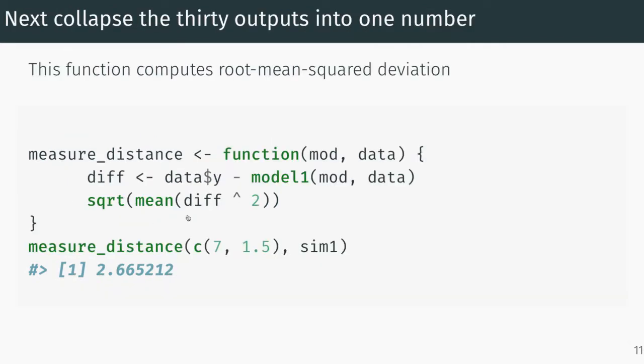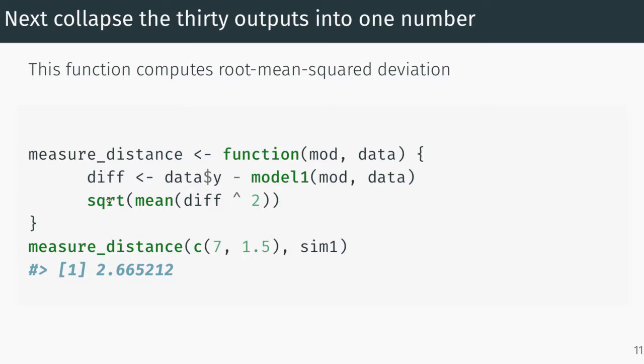Now we're going to take that function and wrap it up in another function called measure distance. That function takes in the same information, the vector of the intercept and slope and the input data, and it first takes the actual value and subtracts from that the output of the model, the predicted value. That's called the diff.